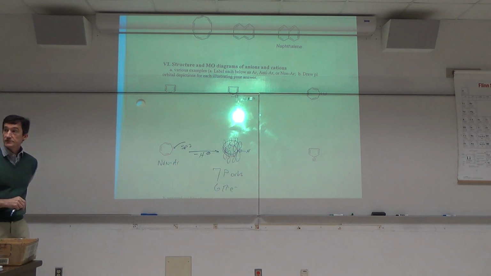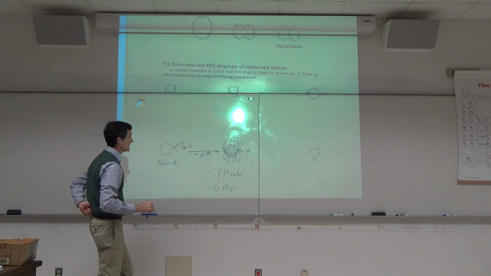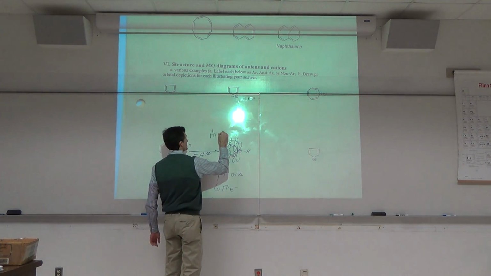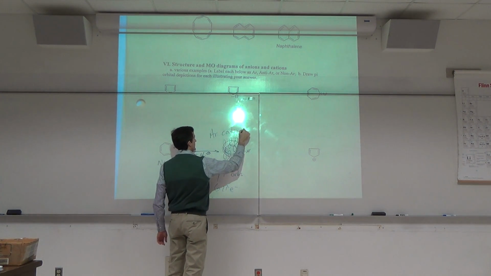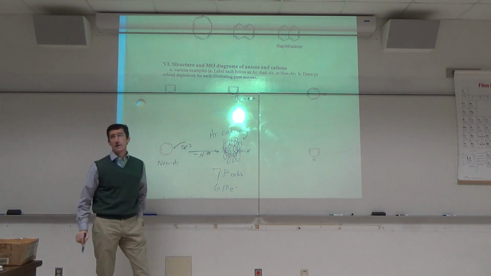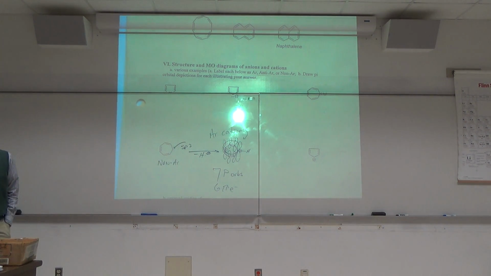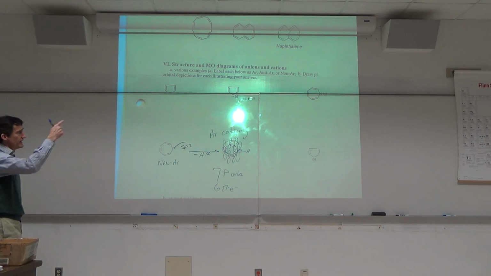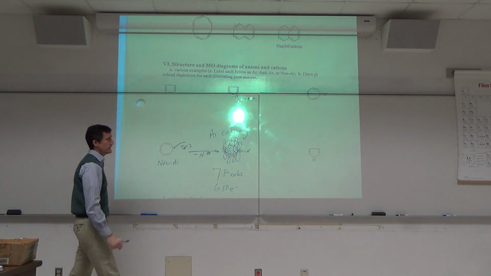Sounds like a 4n plus 2 number. Cyclic conjugated system, 6 pi electrons: aromatic. Okay, this is an aromatic cation. That means it's going to be much more stable than your regular old cation. So it's got this magical cyclic conjugated system of electrons. Anions can be aromatic, cations can be aromatic.